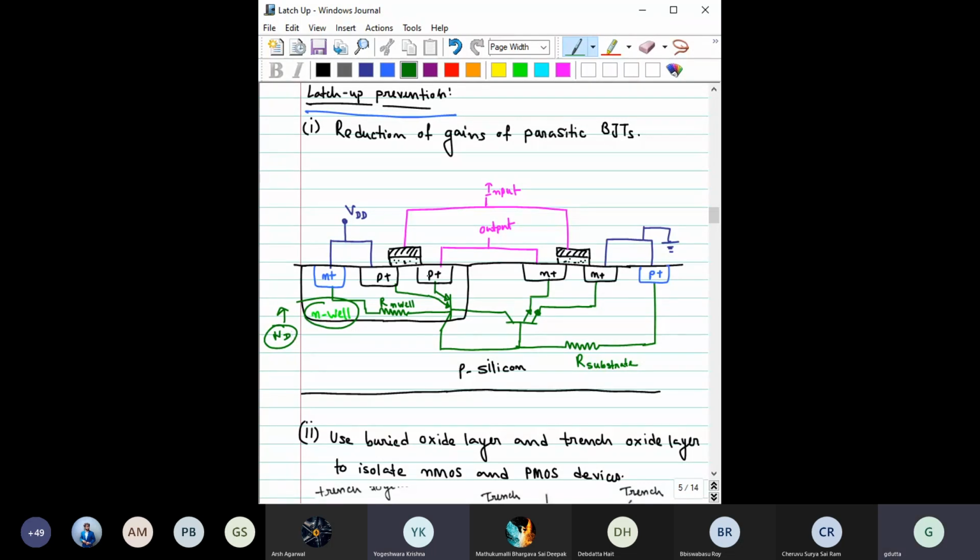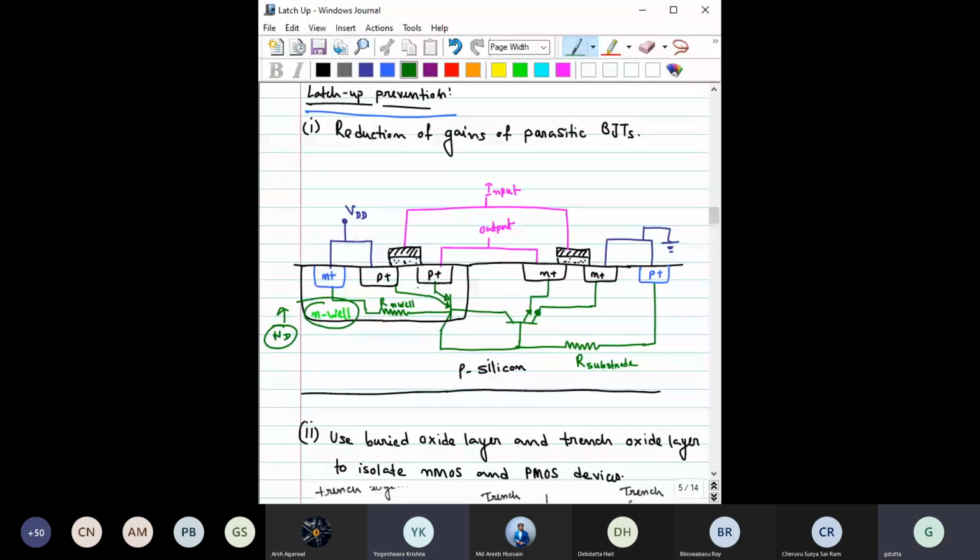By reducing the doping of this P plus, the emitter region. Remember injection efficiency, or you forgot? No, injection efficiency was gamma. It is not alpha. Alpha is IC by IE.